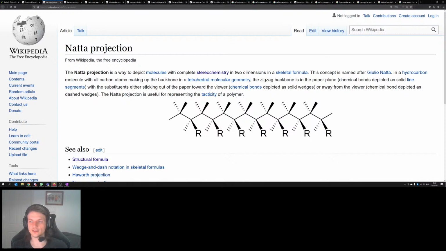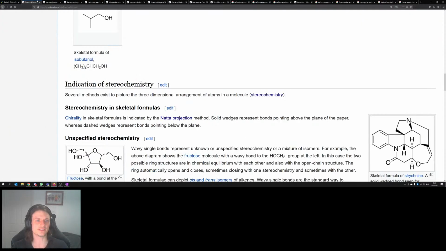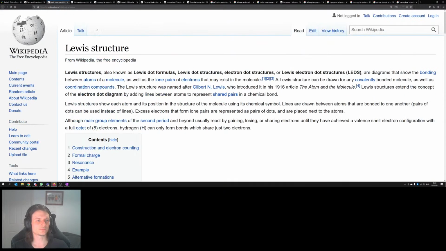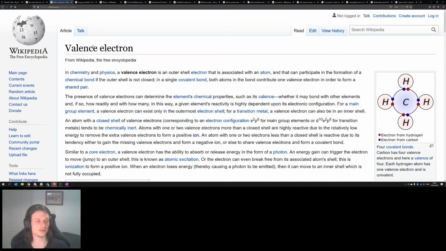Chemical bonds depicted as dashed wedges. Oh, dashed wedges, okay. Cool, okay. Natta projection. So that's a thing. Good to know. This is what we are going to learn more of, so I'm going to close it now.